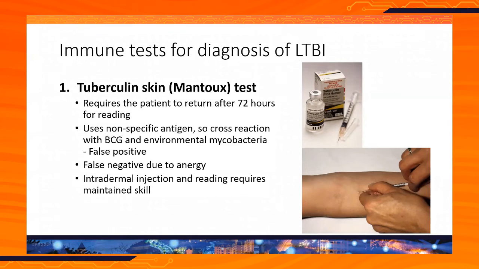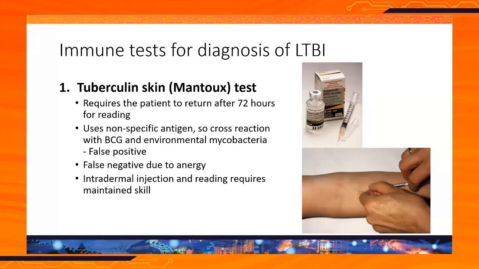The first is that the patient has to return 72 hours later to get a reading, and those 2 visits can be inconvenient. The second is that it uses a non-specific mix of antigen, and so we see cross-reactions with BCG and with environmental marker bacteria, and that gives us false positive reactions.